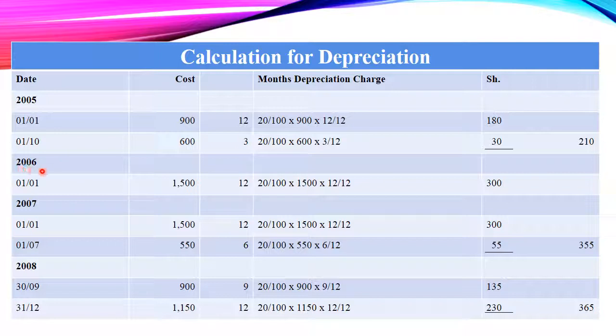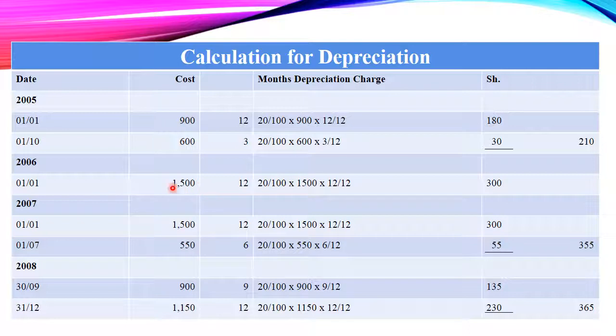In 2006, we started with the balance brought down of 1,500, and there is no asset that was acquired in this period. So these assets are the only assets that we had during the year. And being that the balance was brought down at the beginning of the period, then it means that the assets will be in use for that whole year.